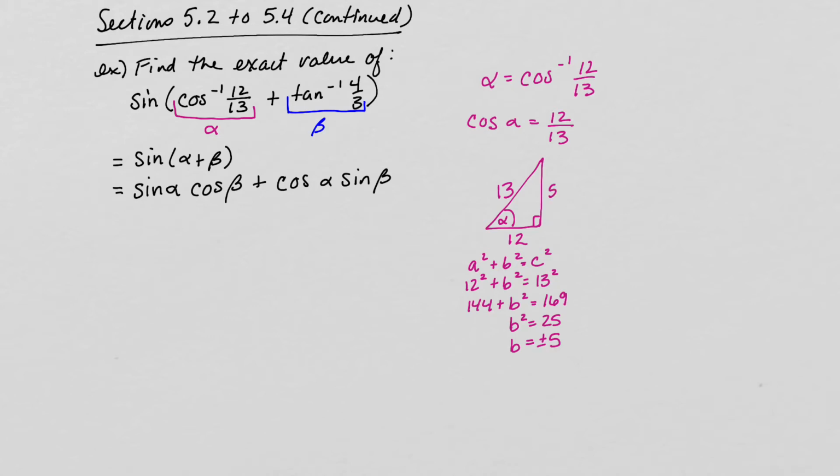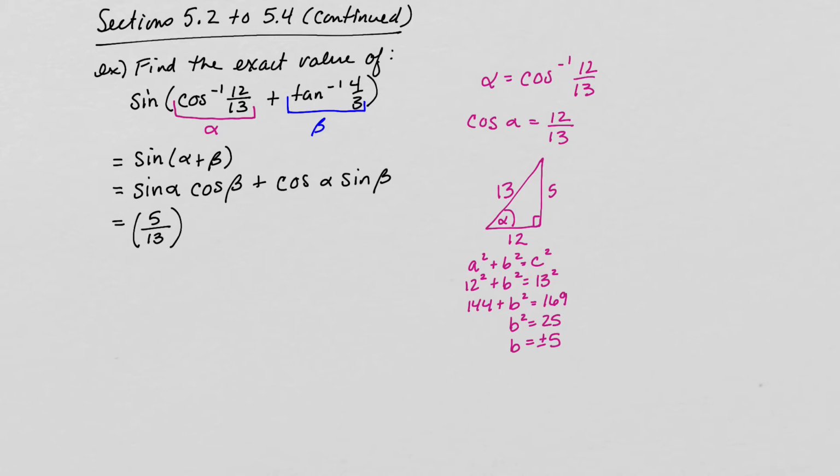So the nice thing now is that I can use this triangle that I just made to figure out everything that deals with alpha. So I'm looking for the sine of alpha and the cosine of alpha. Using that triangle, the sine of alpha, remember sine is opposite over hypotenuse, so the opposite is 5 and the hypotenuse is 13.